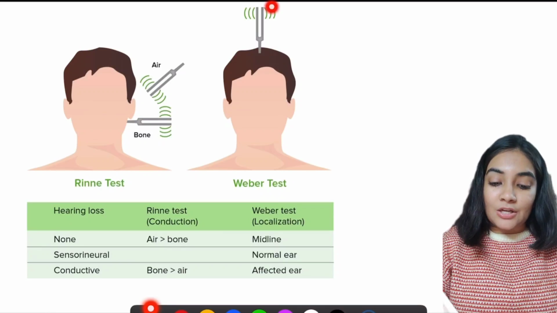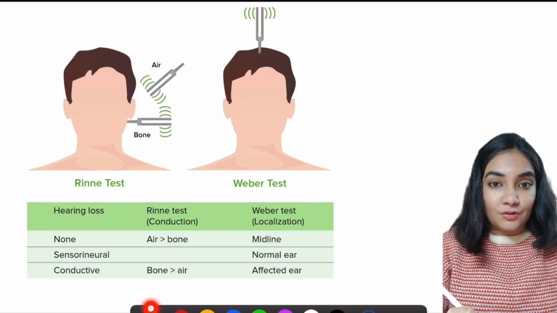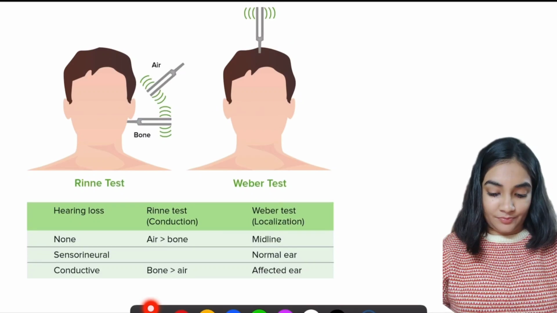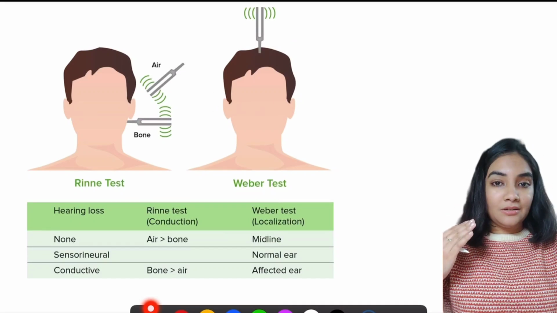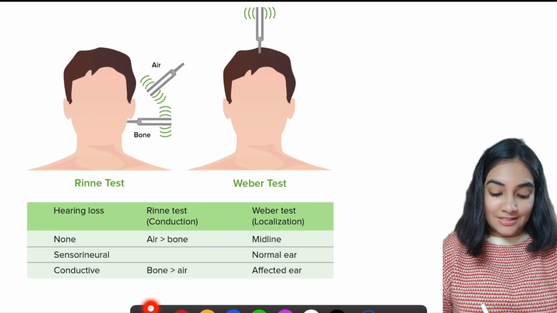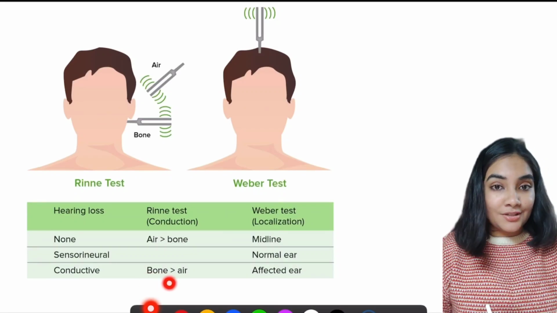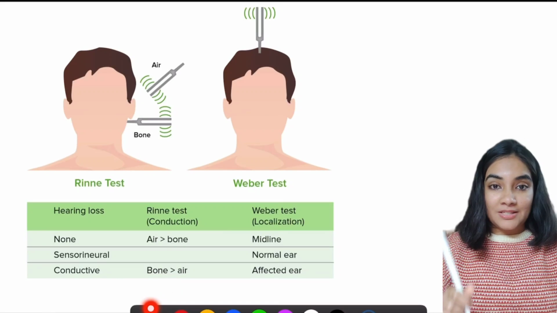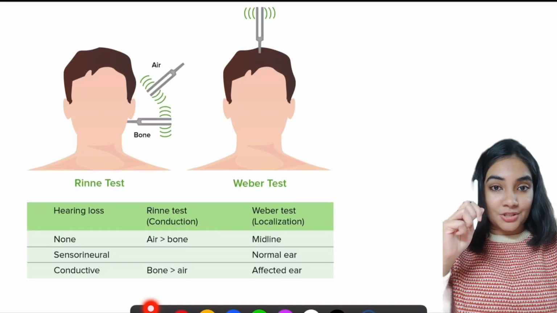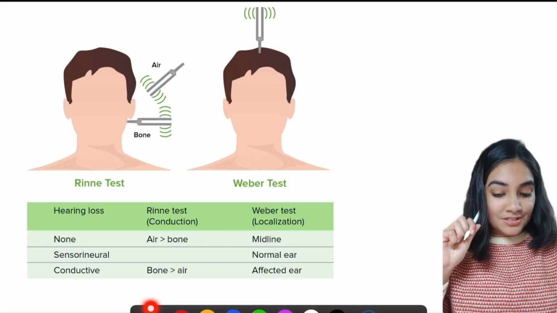Whereas in Weber's, you place the tuning fork on the vertex and you see which ear it is sounding better in. If it is equal in both, normal. In conductive deafness, bone conduction is more than air conduction. So when you place it on the vertex, through bone conduction, it would reach the affected ear first.